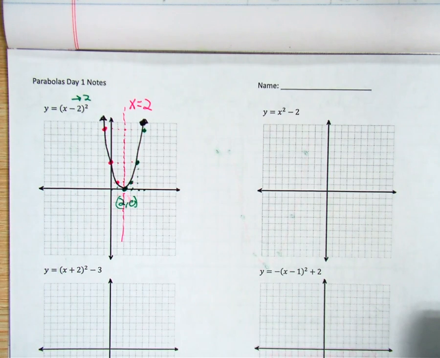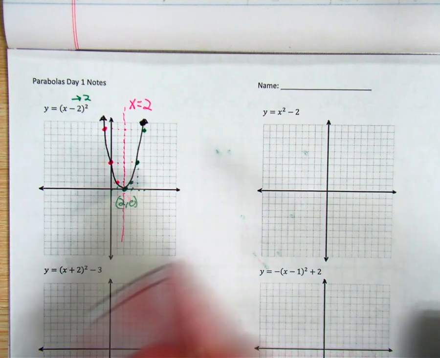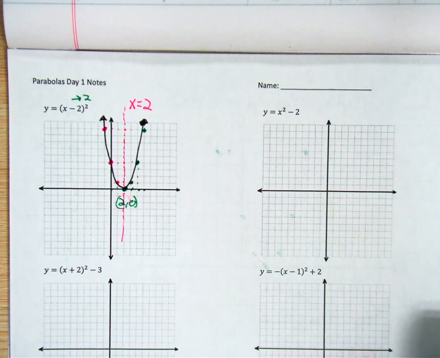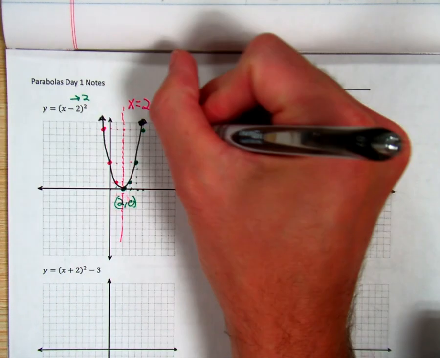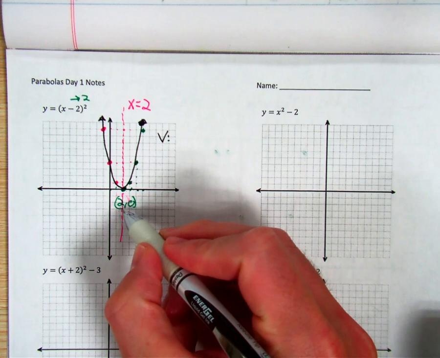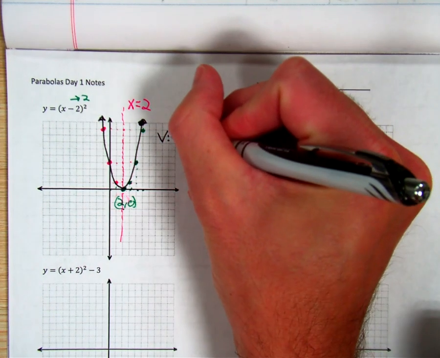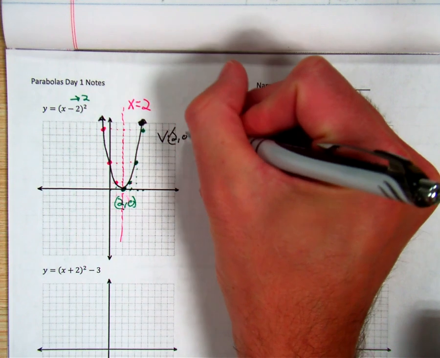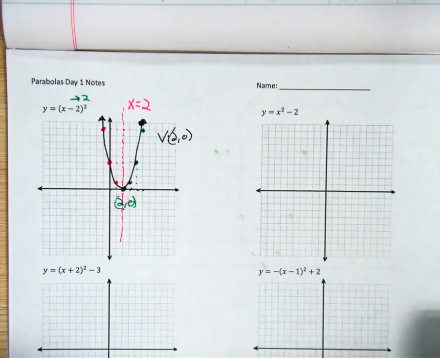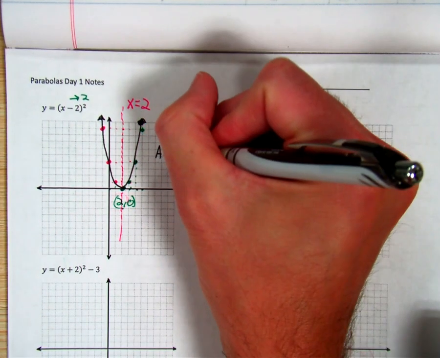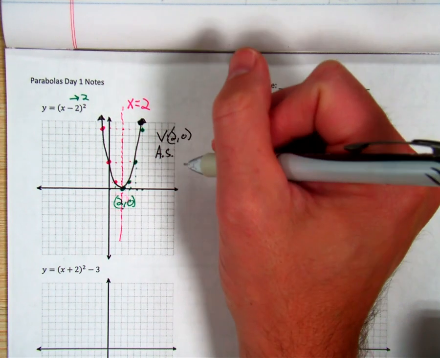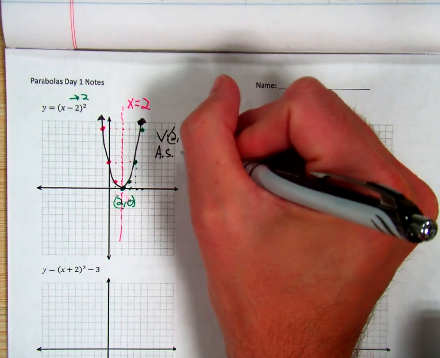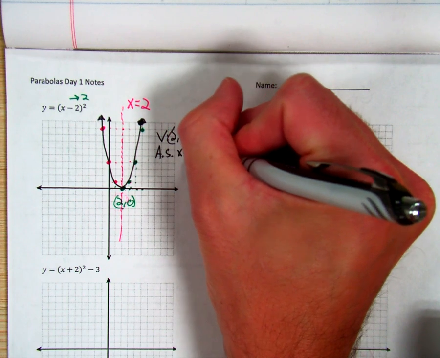And we are done with the graph part. Now we have to answer or provide some information. Okay, our vertex is 2, 0. You can write vertex or just abbreviate it V. Axis of symmetry, I go A.S. Some teachers go A.O.S. Axis of symmetry, x equals 2.